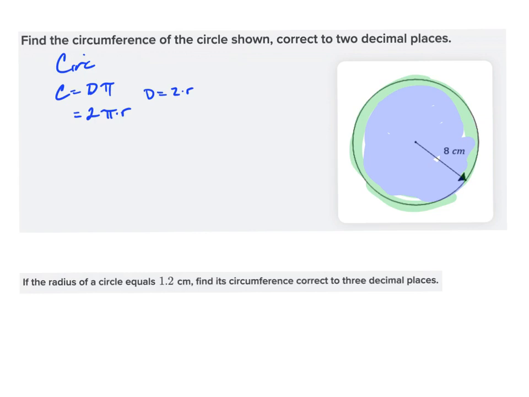The area, on the other hand, is going to be the measure inside, and so the area of a circle is going to equal pi times r squared, which is pi times r times r.